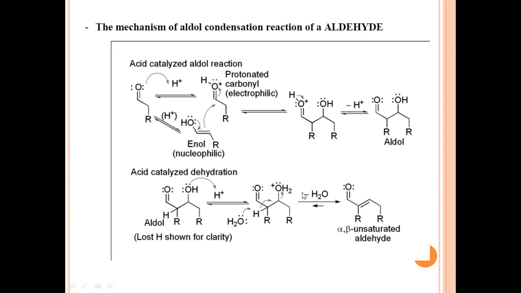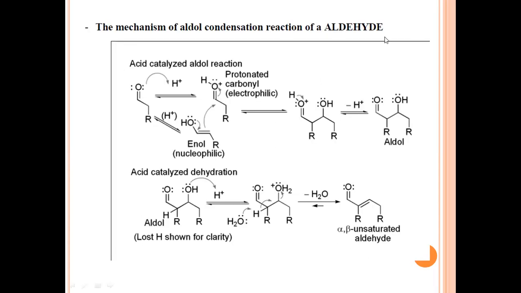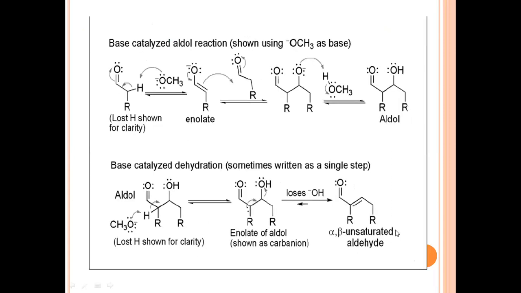So this hydrogen and this hydroxyl functional group will be removed as a water molecule, and there is formation of an alpha beta unsaturated aldehyde. So in this way, the aldehyde molecule undergoes aldol condensation to form alpha beta unsaturated aldehyde.